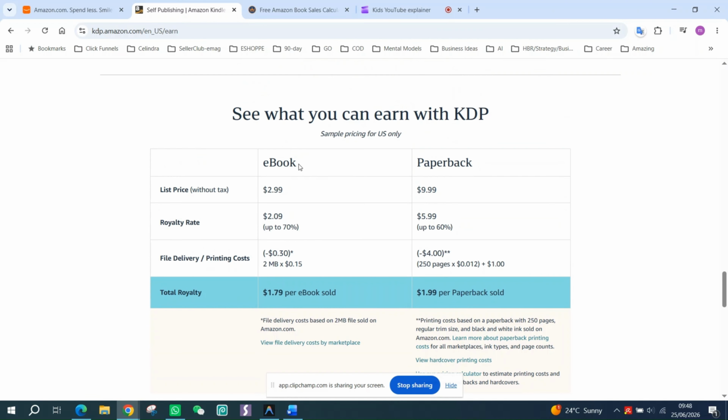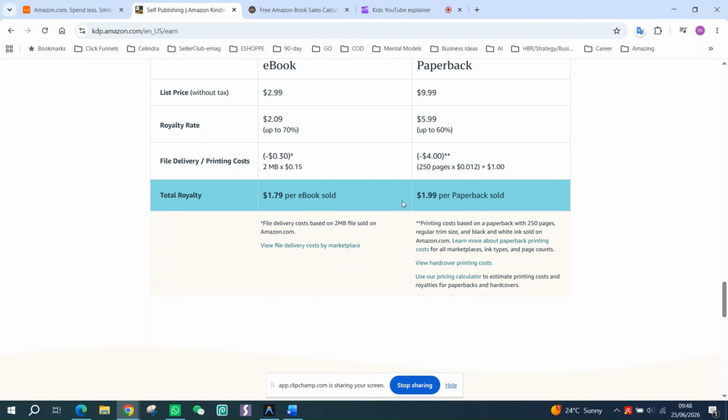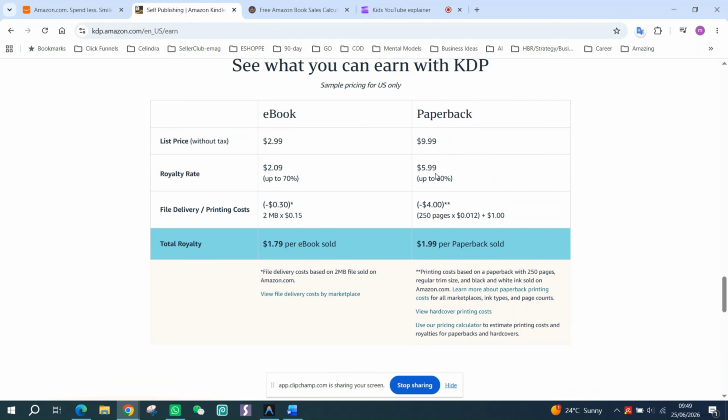Okay, so a digital product in this case, or a physical product in paperback at different prices. You can see what the royalty rate is, and then how much you can make per paperback sold or per ebook sold. The price difference is big between them, because of course a paperback book has higher costs with printing and shipping, so you get a lower royalty compared to the price that you put the book for sale.